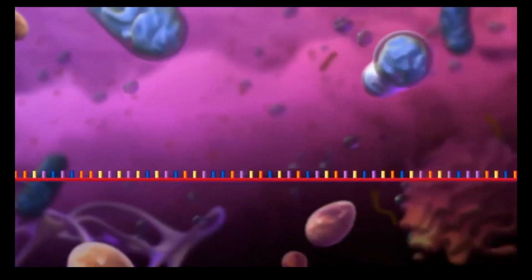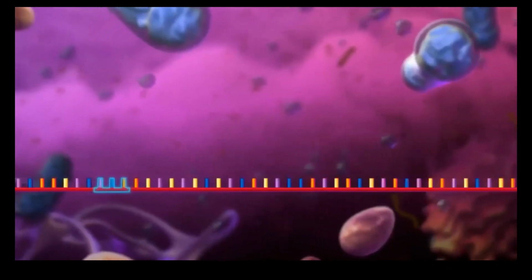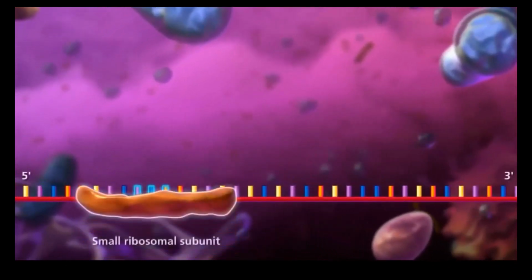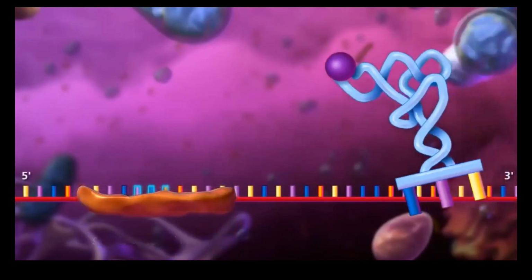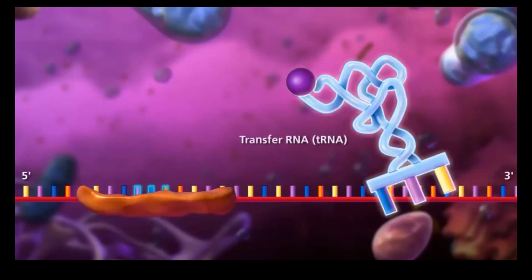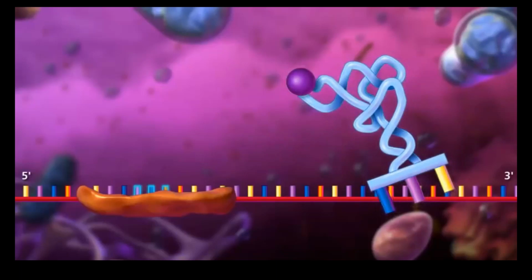This is the simplest process of translation. As translation begins, the first codon of the mRNA strand attaches to a ribosome. Then tRNA molecules, each carrying a specific amino acid, approach the ribosome. When the tRNA anticodon pairs with the mRNA codon, the two molecules join and the tRNA molecule remains there.